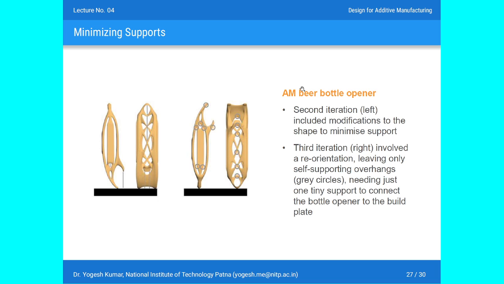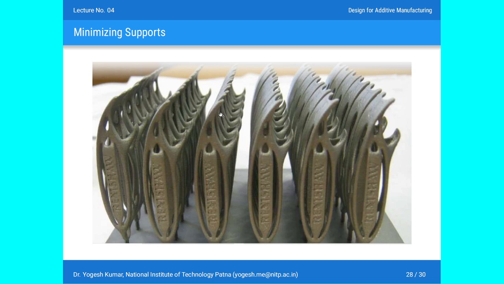So this way you can minimize the support for a component which you want to print using an additive manufacturing process. You can see these bottle openers printed by the company Renishaw.